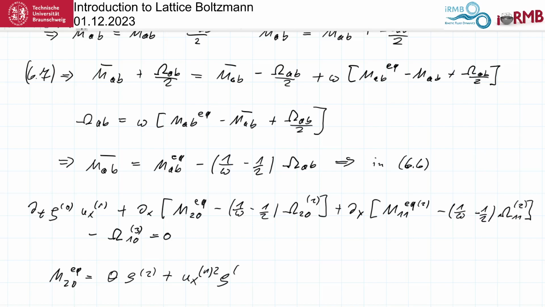And rho to the 0 order, and M11 equilibrium is ux first order. To be more accurate, this should be equilibrium to the second order, but this doesn't really matter.